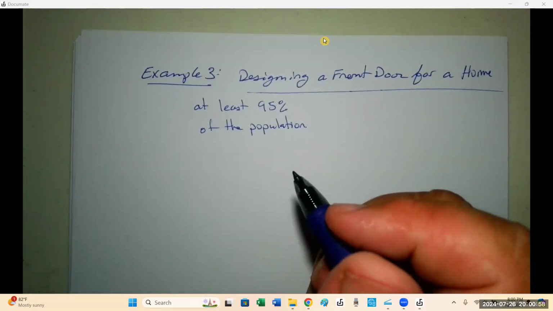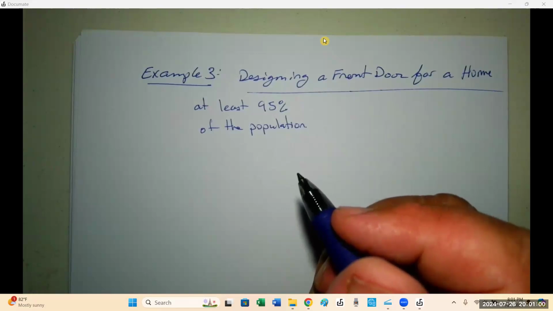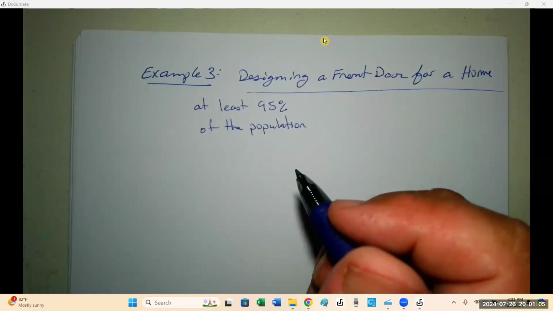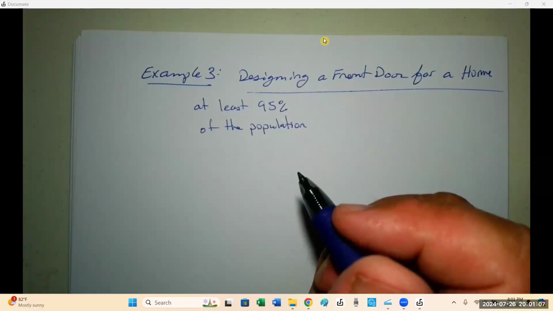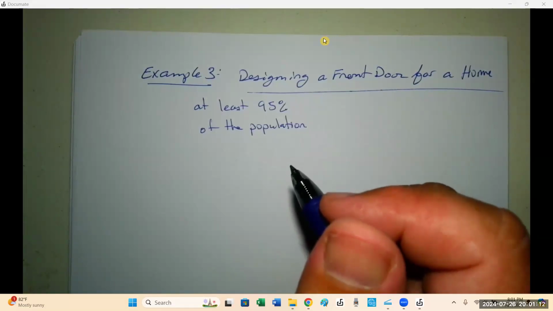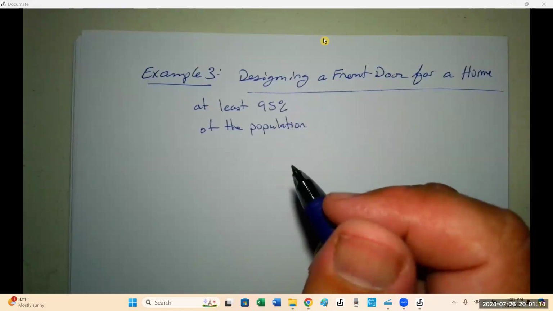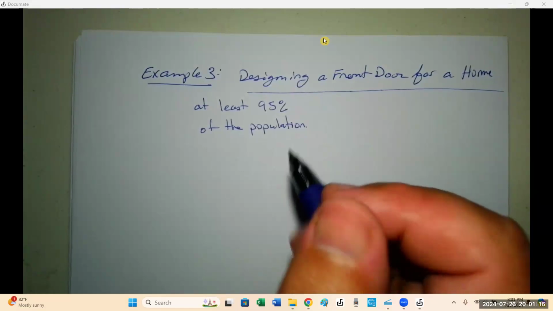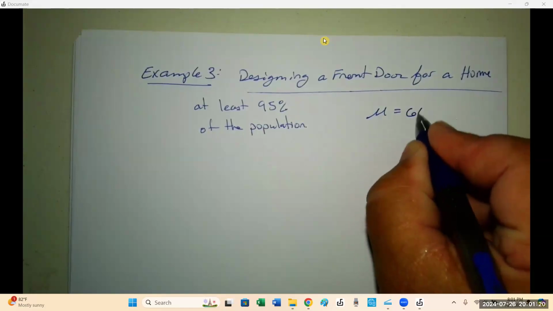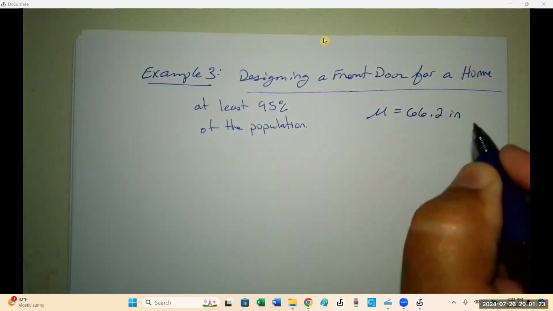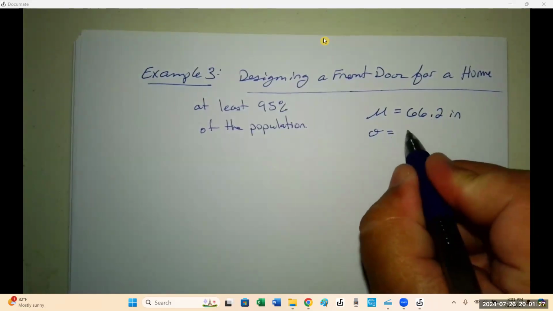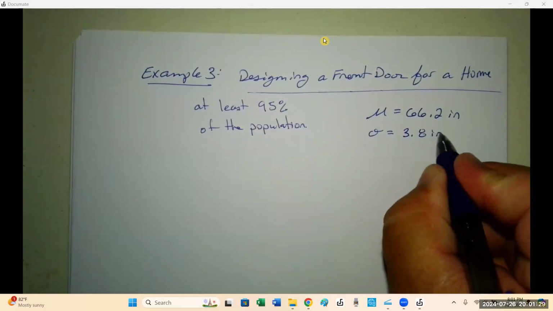What is the height of the door that would allow 95% of the adults to walk through the doorway without bending or hitting their heads? Assume the heights of adults are normally distributed with a mean of 66.2 inches and a standard deviation of 3.8 inches.